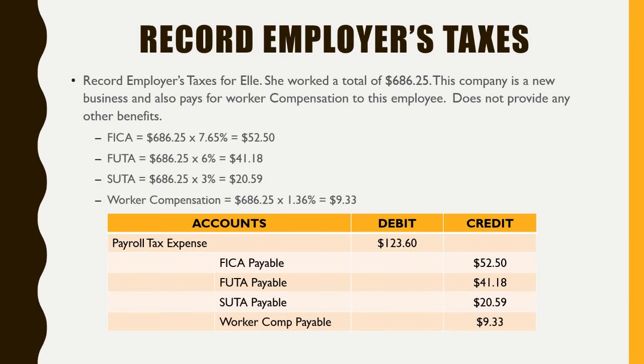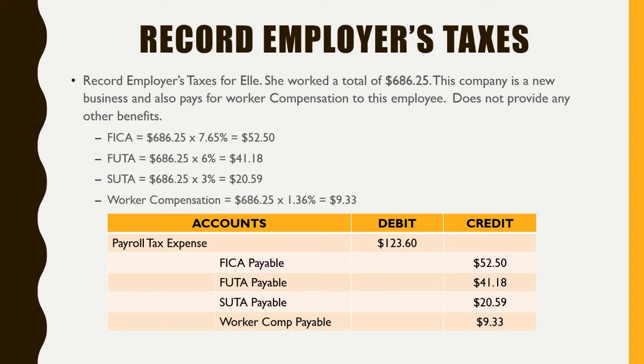So these are the bare minimum, since we're not going to offer any extra benefits or any extra deductions, right? These are the bare minimum because they are required by the federal and the state. So in this case, we got the Federal Insurance Contribution Act, which is an obligation. We said it was based on gross pay.